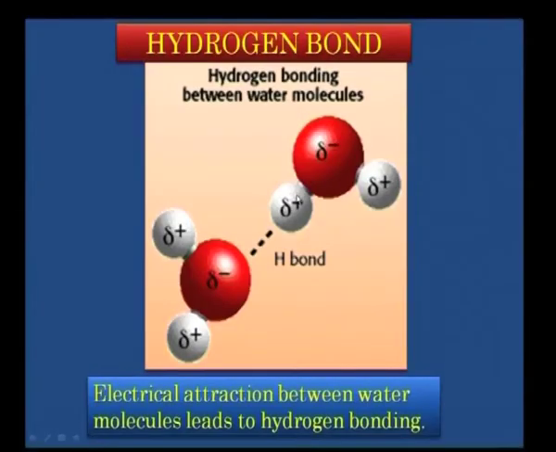So, we have to understand the force that is operating between water molecules. You have an H2O molecule, the oxygen is here, the 2 hydrogen atoms are here, and the intramolecular bonding is covalent bonding. Now, what is hydrogen bond? The intermolecular bonding is the hydrogen bond.